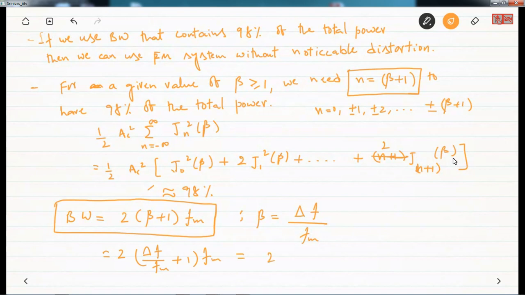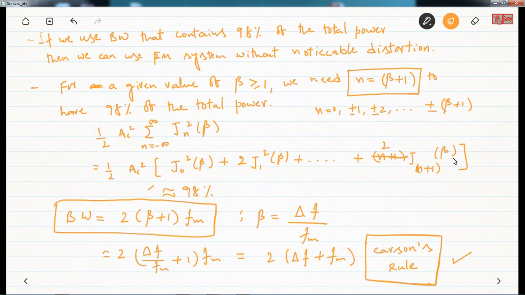So this is equivalent to 2 into delta F plus FM. So the bandwidth is equal to 2 into delta F plus FM. So this is called Carson's rule. So the bandwidth of FM is twice the sum of the maximum frequency deviation plus the modulating frequency. That gives you the bandwidth.